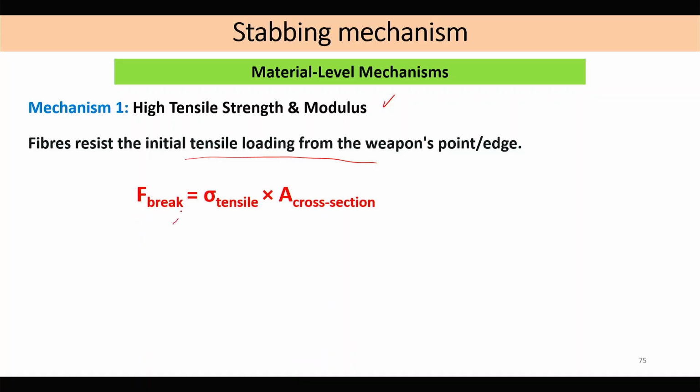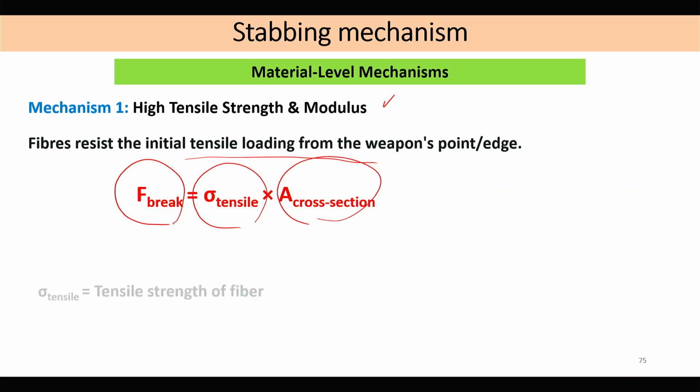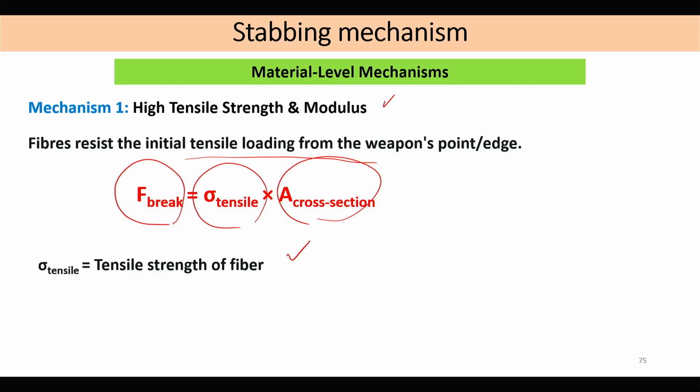That is F break, the force, which is tensile stress times cross section. So, this is the tensile strength of the fiber, sigma tensile, times the cross sectional area of the fiber.